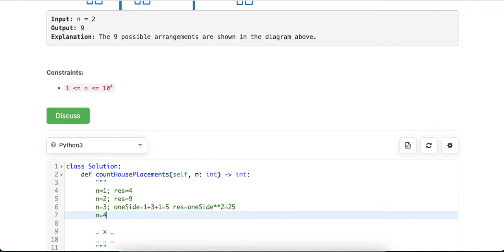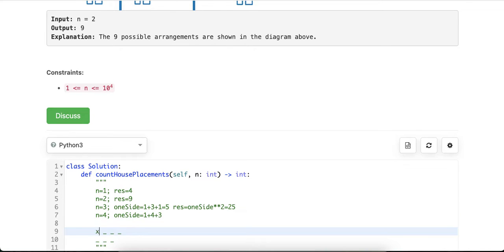How about n equal to 4? One side, when it is empty, we will have 1. When we have 1 house, we can place it on the 4 plots. When we have 2 houses, it becomes 1, 2, 3.